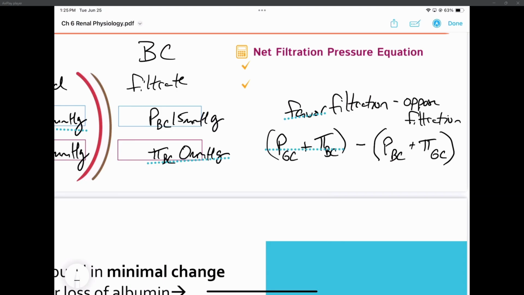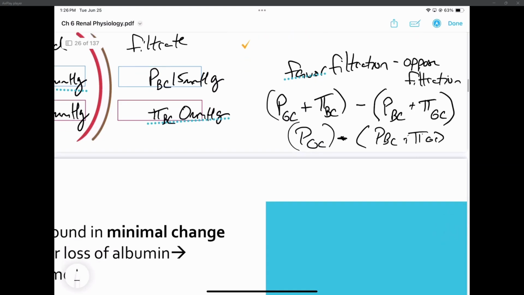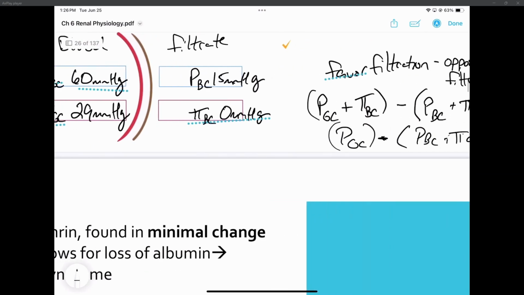Anyway, let me go to the next step because we're going to cancel out some numbers here, because where should the pressure in the Bowman's capsule be? 0. So we get rid of it. So what we say is the equation then becomes PGC minus the sum of oncotic and hydrostatic pressures. So PGC before we said was what? 60.